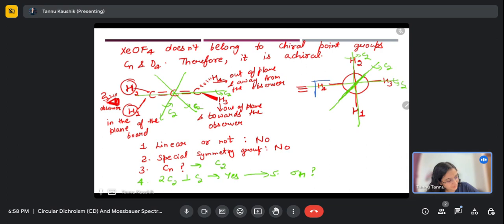So one plane contains these two hydrogen atoms on it, and one plane contains these two hydrogen atoms on it. So these are two dihedral planes in this molecule.